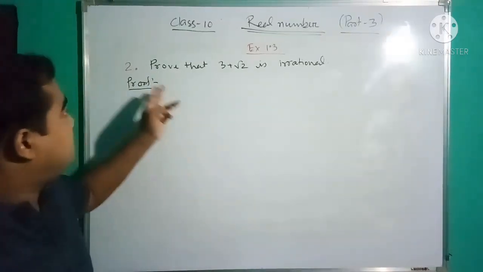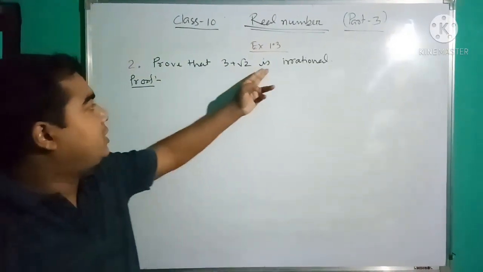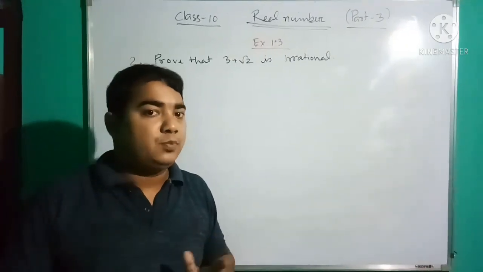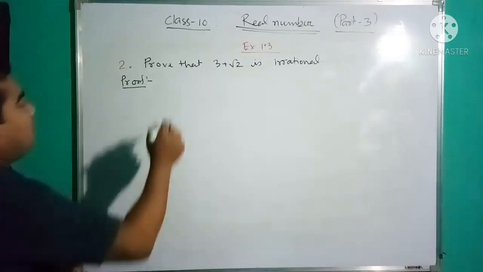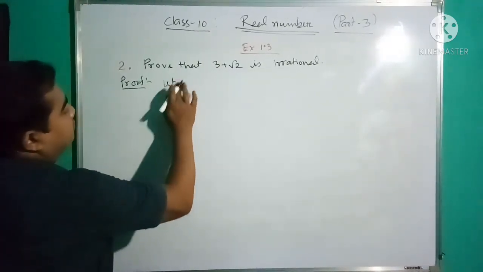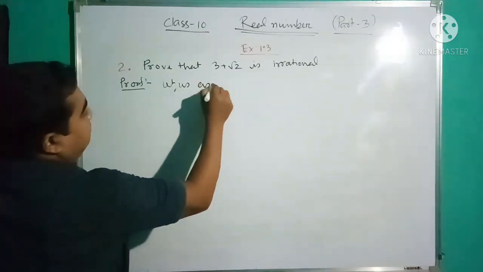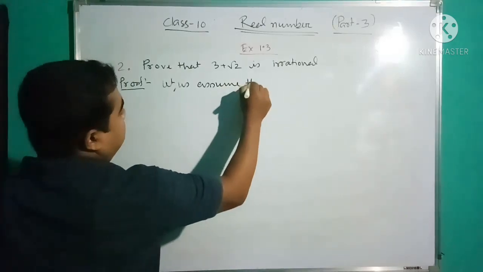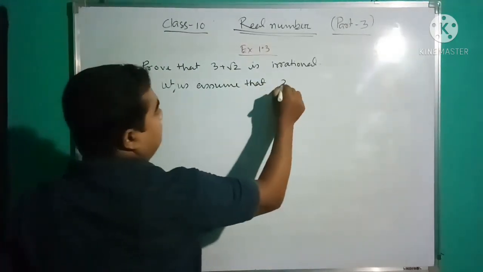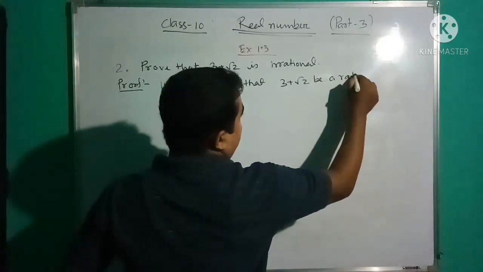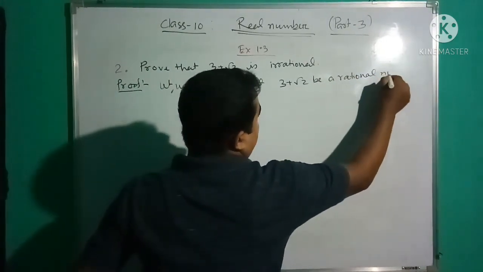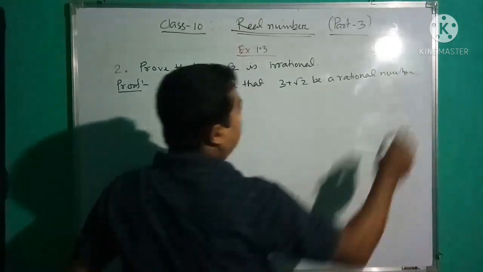Now question number 2, prove that 3 plus root 2 is an irrational number. This question's process is totally different. Okay, see the process. Let us assume that 3 plus root 2 is a rational number.